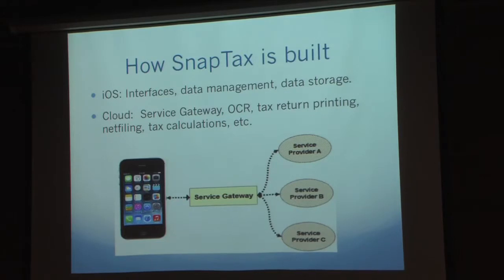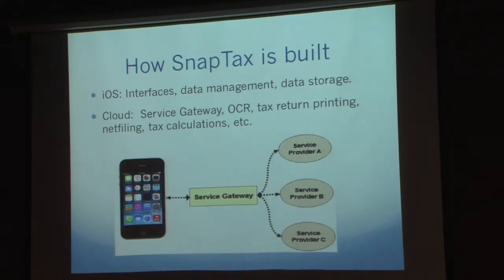So what else about this? Most of the services, most of the meat of the program, like I said, was in there. Tax calculations was a big one. We send all of our tax calculations to a tax calculation service, and basically we send portions of your pre-bill that need to be calculated while you're doing your SnapTax.